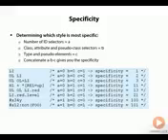Here's how you do it. You count the number of ID selectors. Set that to A. You count the number of class and attribute and pseudoclass selectors and set that to B. You set the number of type and pseudo elements to C.